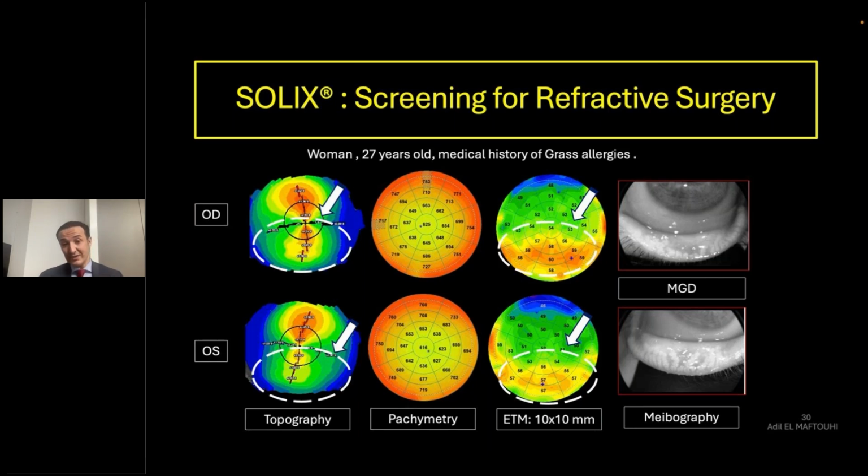That's why you have to give some treatment for dry eye with warm compress or tears, and repeat the corneal topography and observe the epithelium changes in order to obtain the best keratometry for refractive surgery or premium IOL.